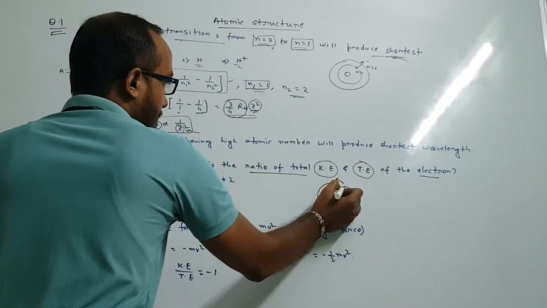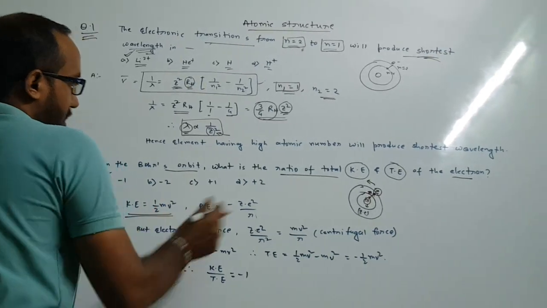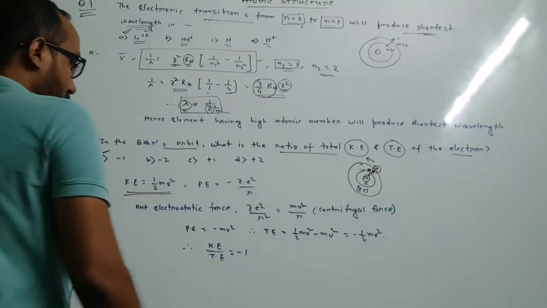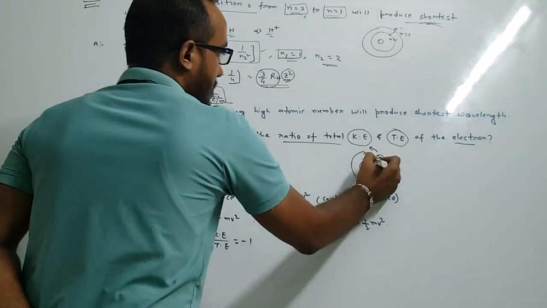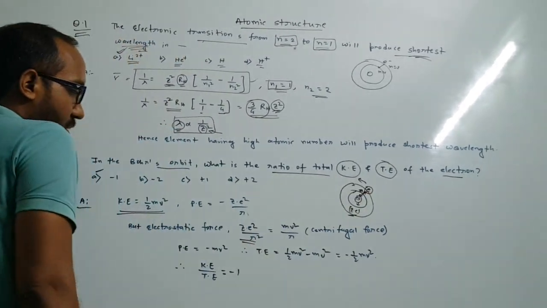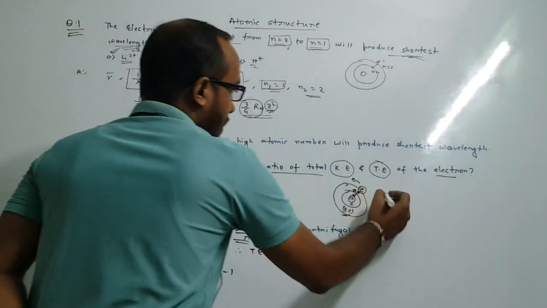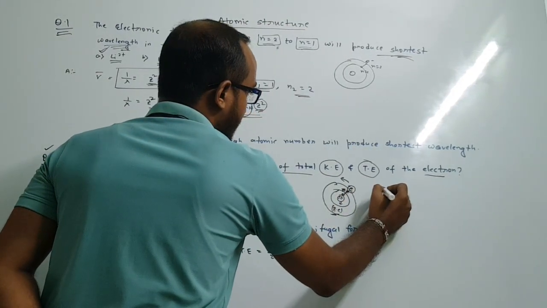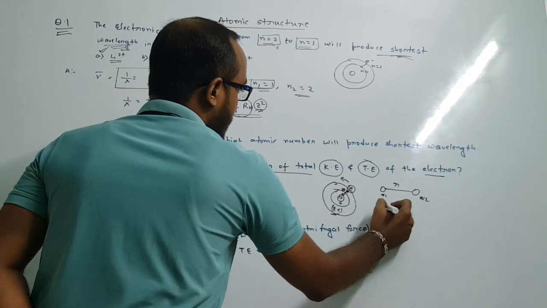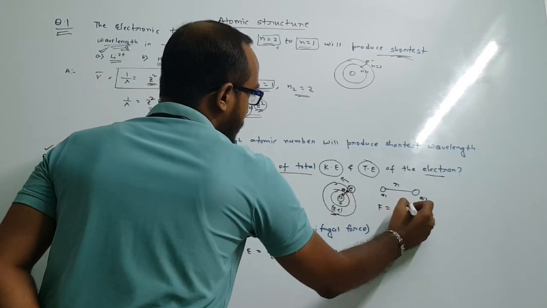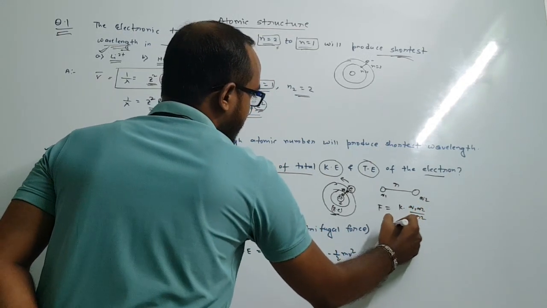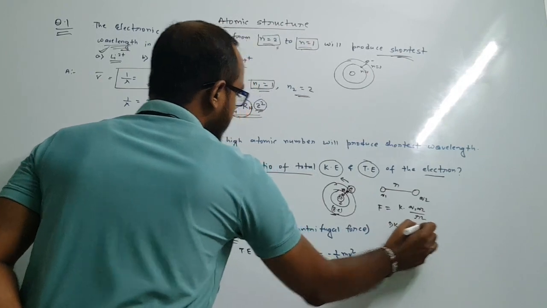So the electron is revolving, that means it should have some kinetic energy, that is half mv square. Now what is the electrostatic force? The proton is attracting the electron. From Coulomb's law, if there are two charges q1 and q2 and the distance between them is r, then the force of attraction or repulsion is given by k q1 q2 by r square, where k is 1 by 4 pi epsilon naught.